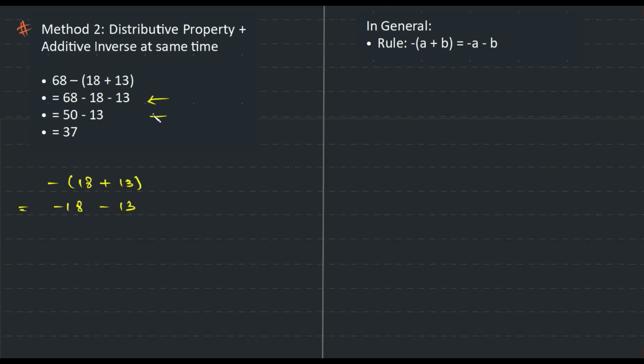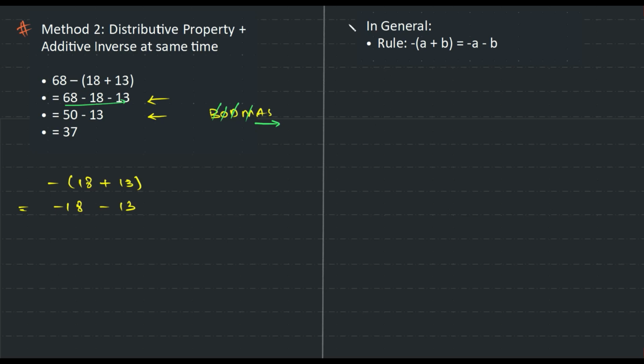And then using BODMAS. We don't have brackets, operation, division, or multiplication, but addition and subtraction are there. So I'll move from left to right. Left to right, 68 minus 18 is 50, then subtraction, and subtraction again. So this is how we can do it.